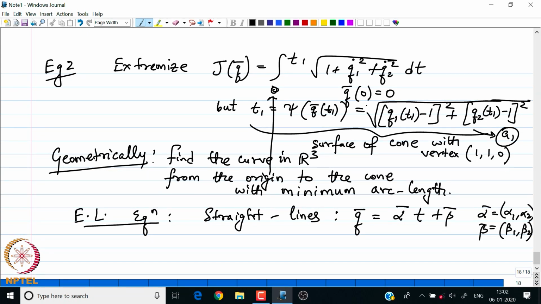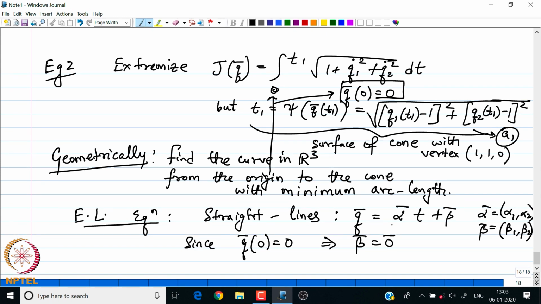Which means that since this straight line passes through the origin, since I have q bar at t equal to 0 is 0, I necessarily have that beta is identically 0. So all I need to do is to find this alpha 1 and alpha 2.